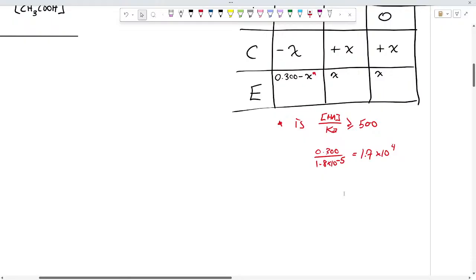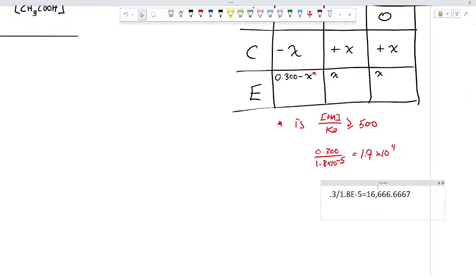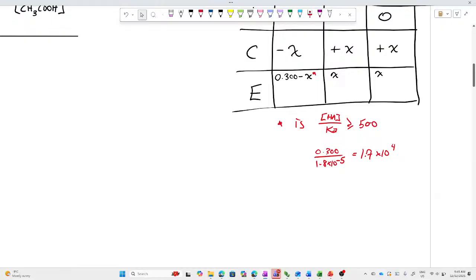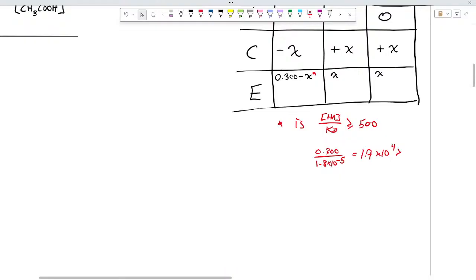If you can't on that one, get one you can. Come on now. 0.3 divided by 1.8 times 10 to the negative 5 gives us, times 10 to the 4. Okay, good. Is that greater than or equal to 500? Yes, 17,000 is bigger than 500.